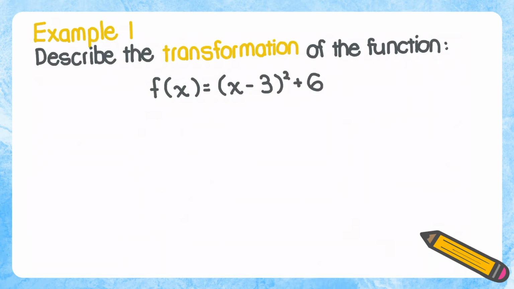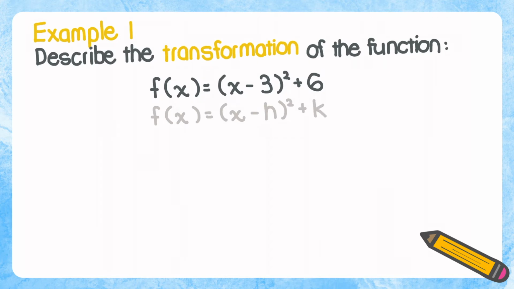For our first example, we will describe the transformation of f of x equals x minus 3 quantity squared plus 6. We will compare this with the general form containing h and k. Our general form is f of x equals x minus h quantity squared plus k.